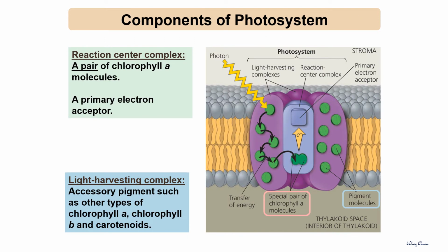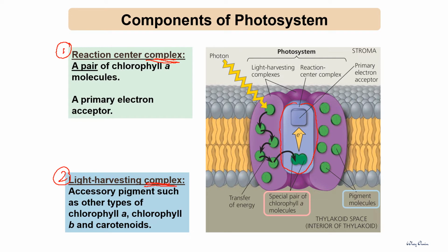Both photosystem 1 and photosystem 2 have components consisting of a reaction center complex and a light harvesting complex. The name has the suffix complex because this group of proteins consists of more than one unit, which is a large molecule found in the membrane of the thylakoid.